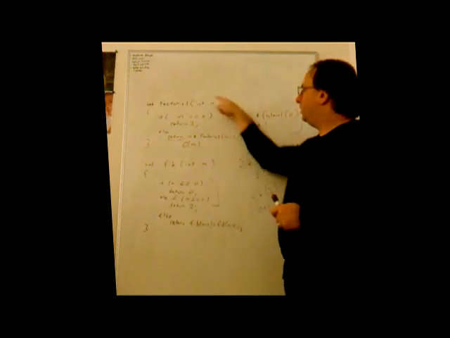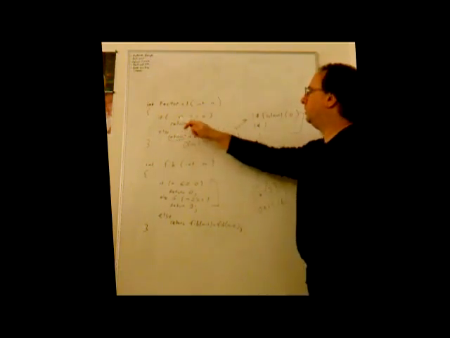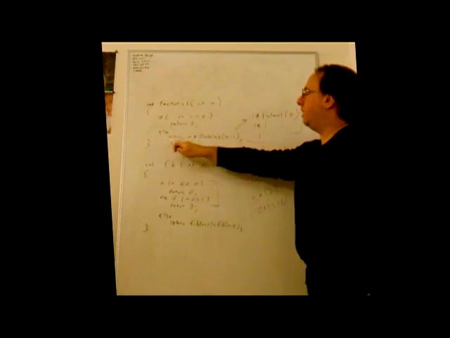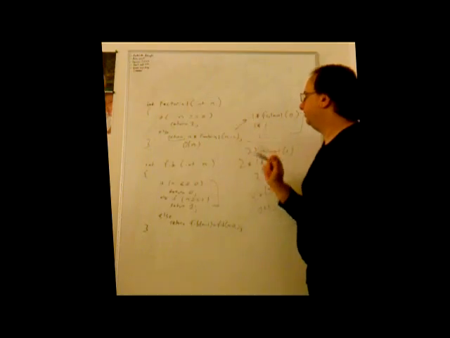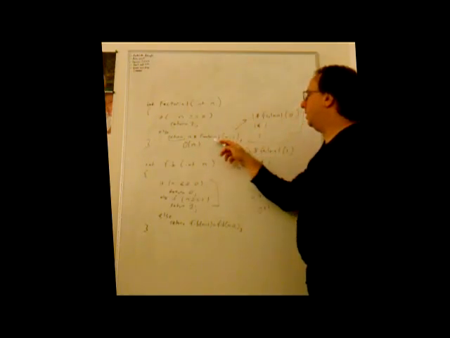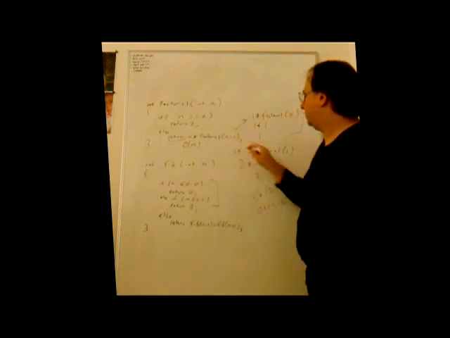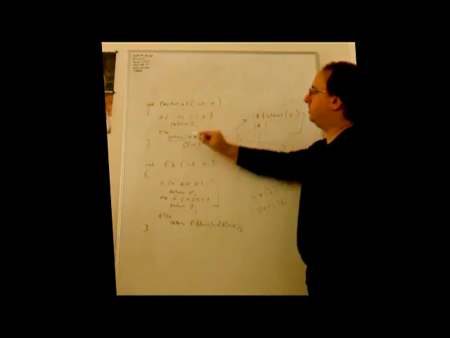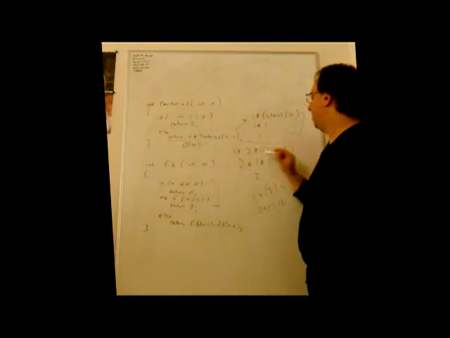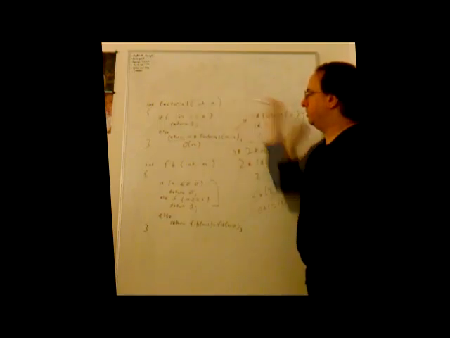So you can see, now let's take 3. If you do 3, then 3 does not equal 0, so we skip that. So return 3 times factorial of 2. And you go back in here, this skips again, return 2 times factorial of 1, which is what I have written here. And now factorial of 1 goes back in, you get 0, and now n equals 0, return 1.